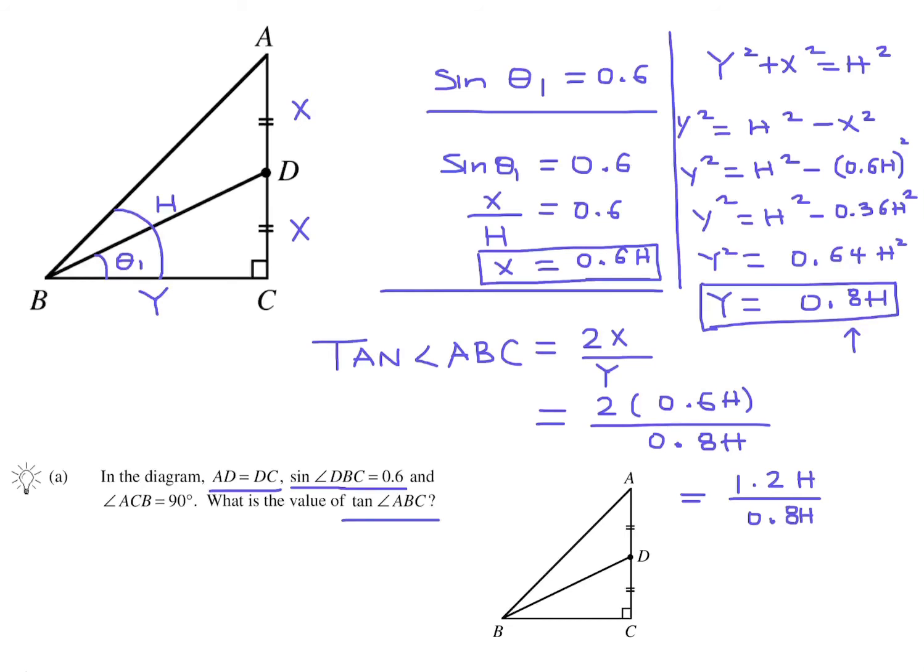The h's cancel, and you just get left with 1.2 over 0.8, and this is 1.5. And if you want to write it in terms of a fraction, 3 over 2. So there you go. We just found the tan of ABC.